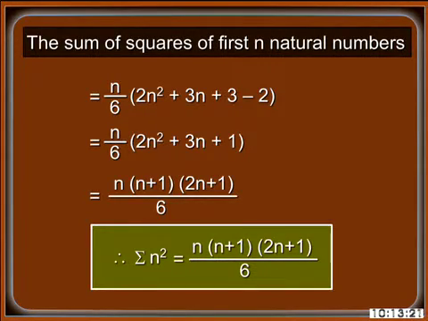Therefore, summation of n square is equal to n into (n plus 1) into (2n plus 1) whole divided by 6.